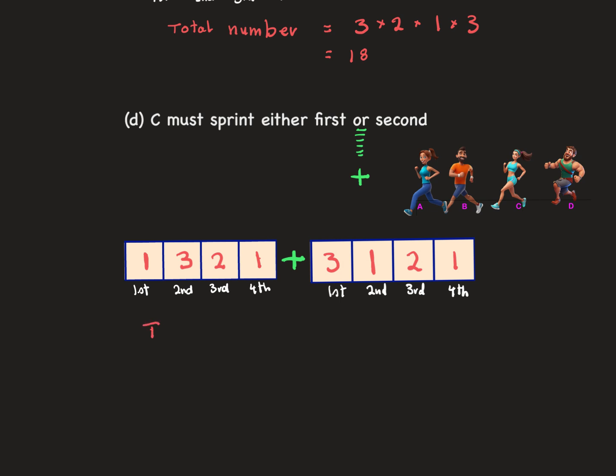And so the total number will be equal to 1 times 3 times 2 times 1, and we will add to that the second, 3 times 1 times 2 times 1. Okay, so we have these 2 permutations which we add together, so that's 6 plus 6, which will be equal to 12 different permutations.